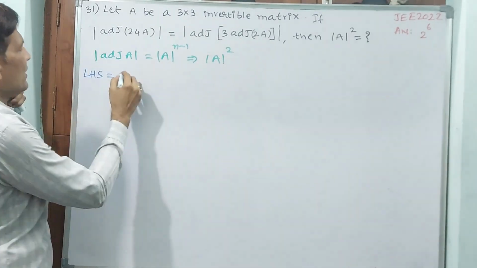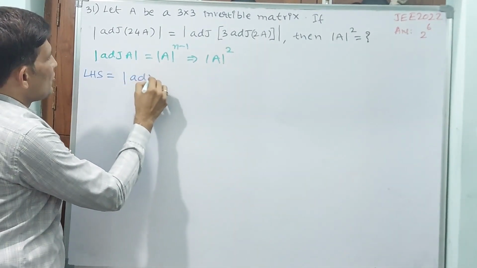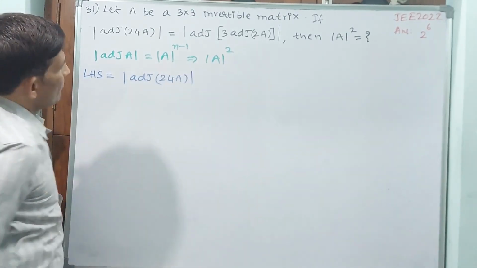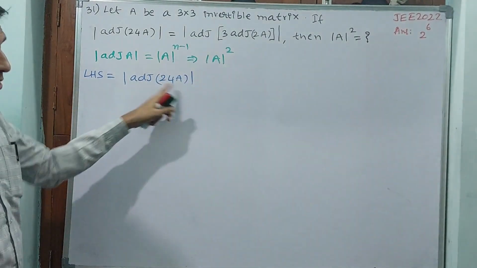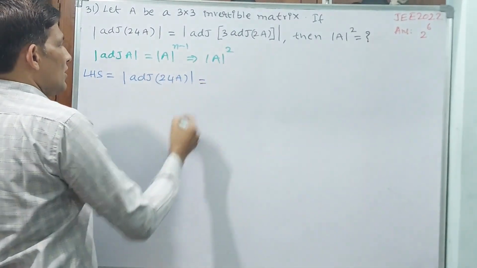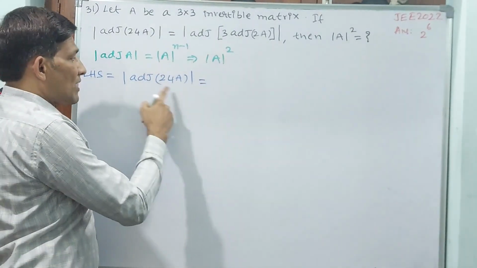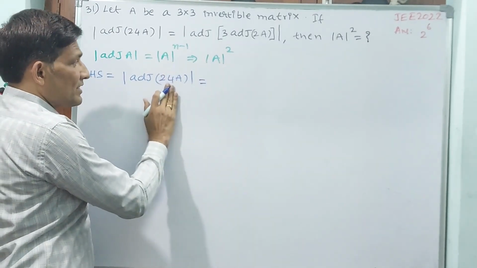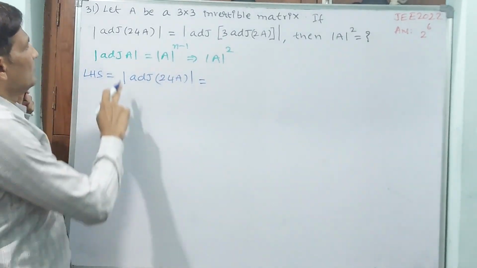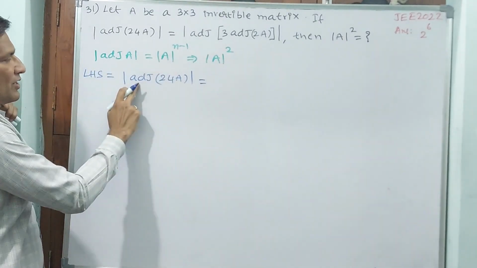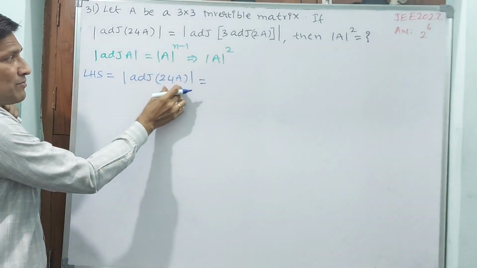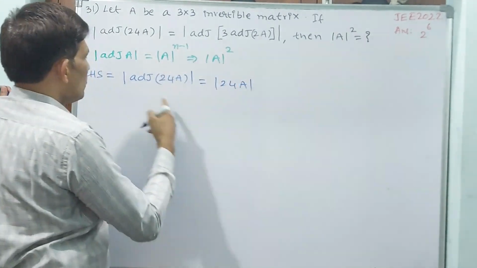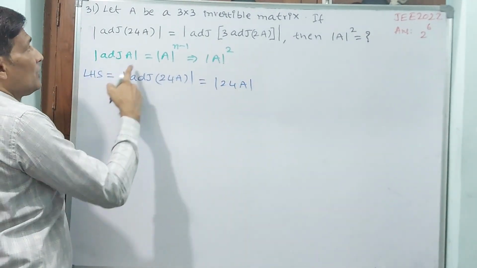LHS is equal to determinant of adjoint of 24A. Determinant of adjoint of means automatically you consider this 24A as A. In adjoint A, 24A has become A, that means here we write 24A power 2, since it is a 3 by 3 matrix.